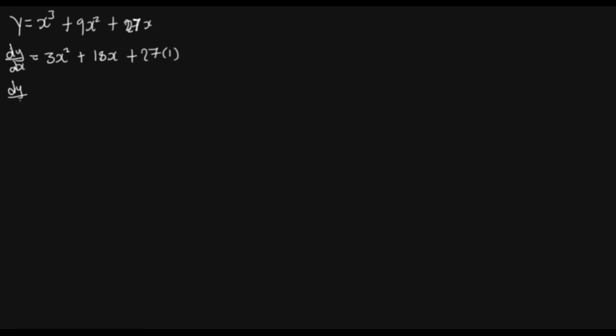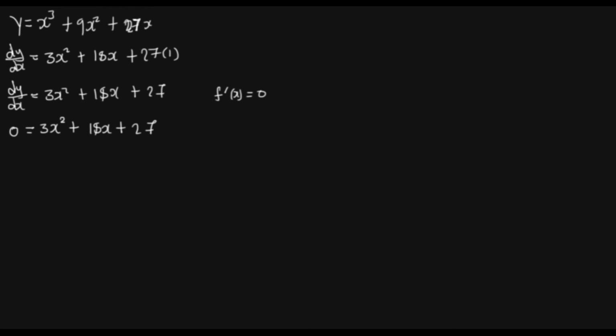So dy over dx is equal to 3x squared plus 18x plus 27. Now at this point we can substitute the derivative with the value of 0. So here we can say 0 is equal to 3x squared plus 18x plus 27.